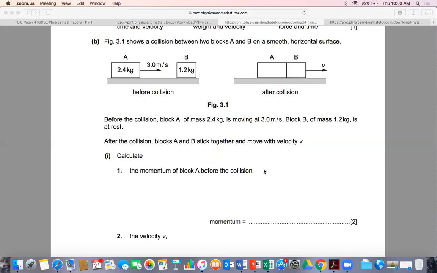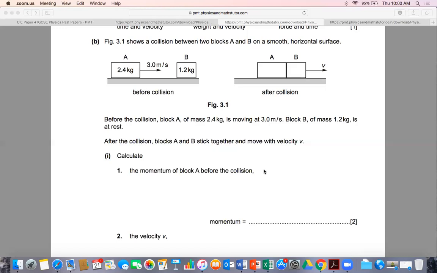What is the momentum of block A before collision? I got 7.2 kg meter per second. How did you get that? The question says momentum of block A before collision.